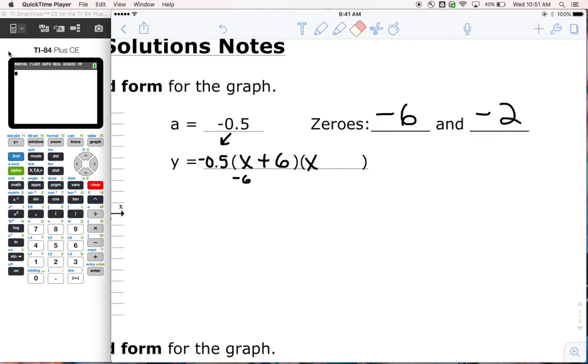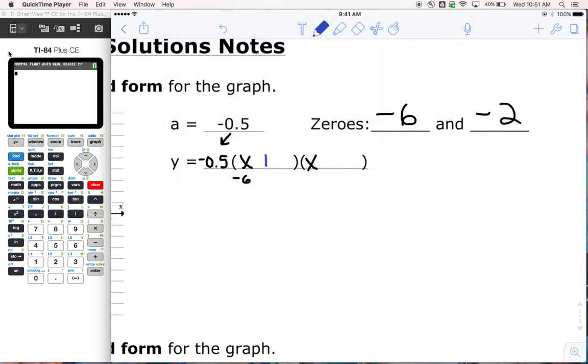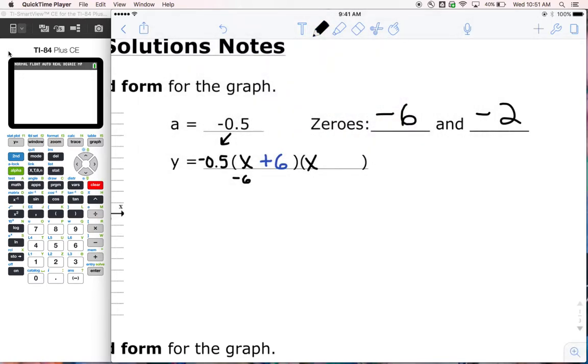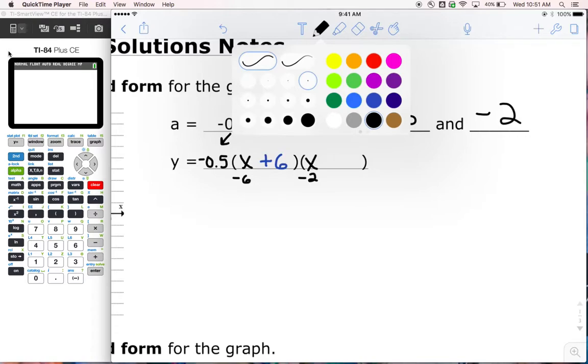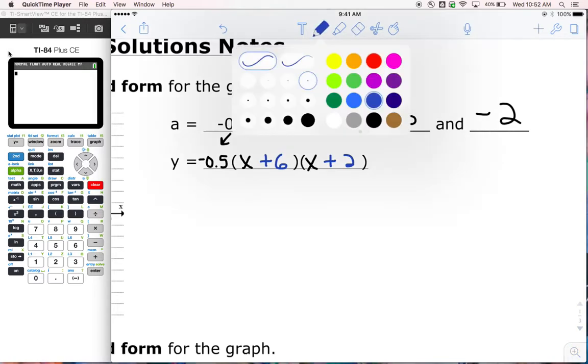Again, if you want to remember to just change the signs, you can. But remember, the big idea is because you're making 0. Again, negative 2 for x gives me a 0, because when I add 2, it gives me 0. So my equation is going to be x plus 6 and x plus 2.